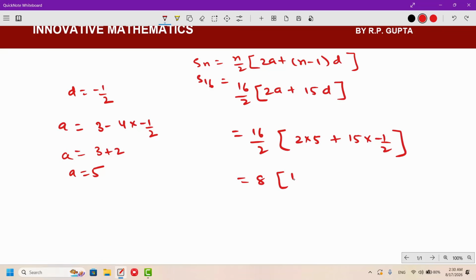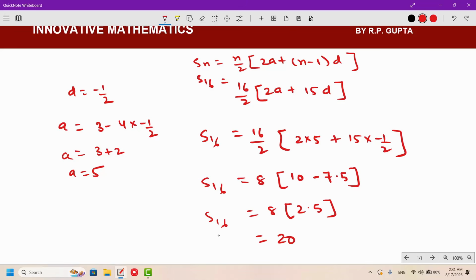So 8 into (10 minus 7.5), so 8 into 2.5. So the answer is 20. So there are two answers.